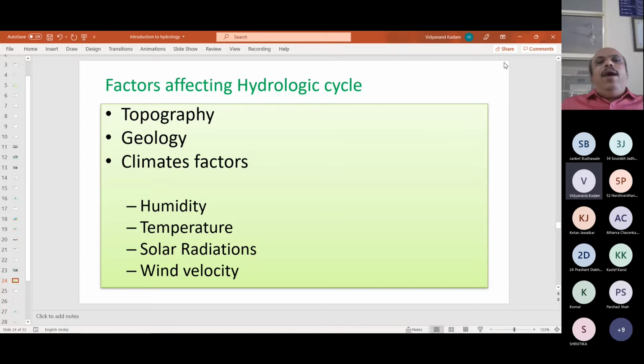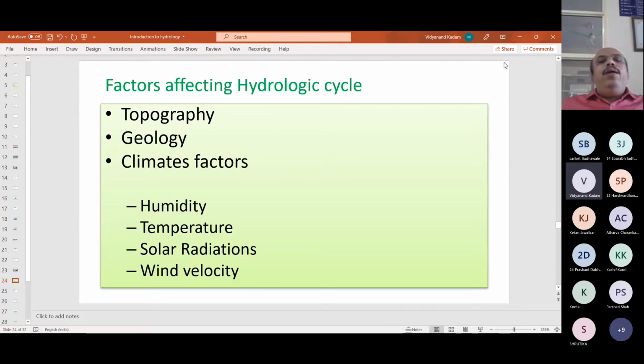That is correct. Again, the location is important, where that catchment area is. So if the catchment area is on the equator, in that case, what will be its effect on precipitation? Precipitation will be more.